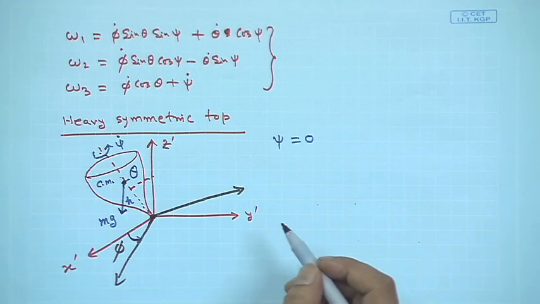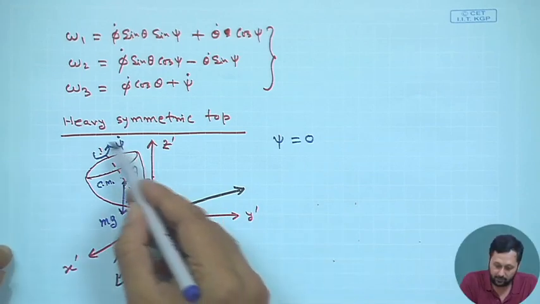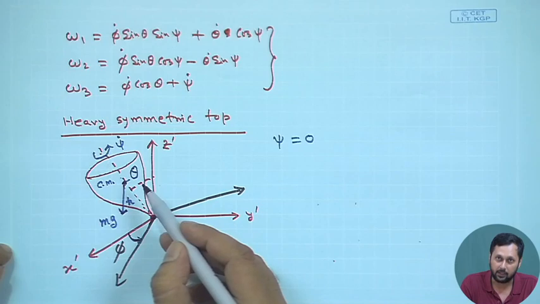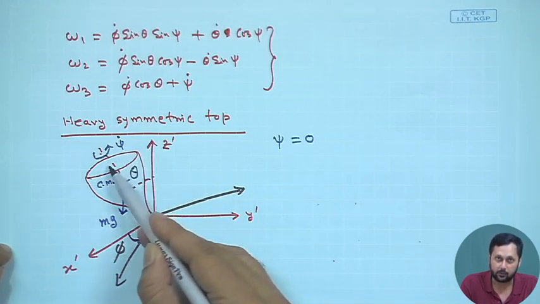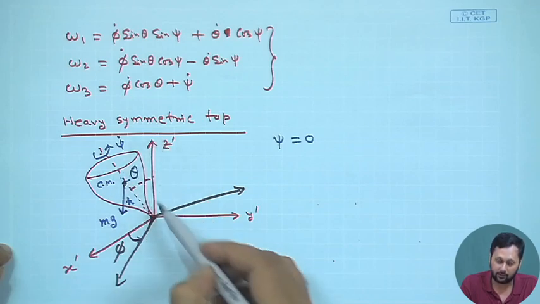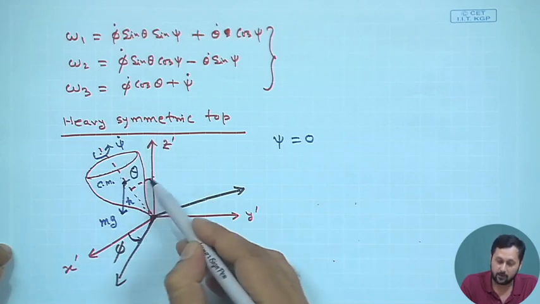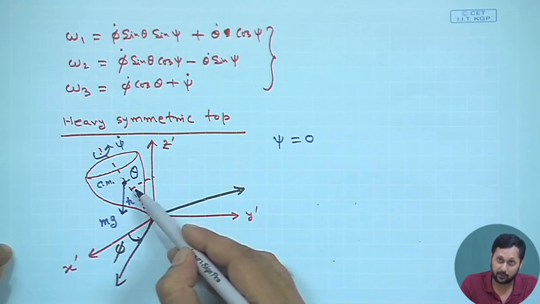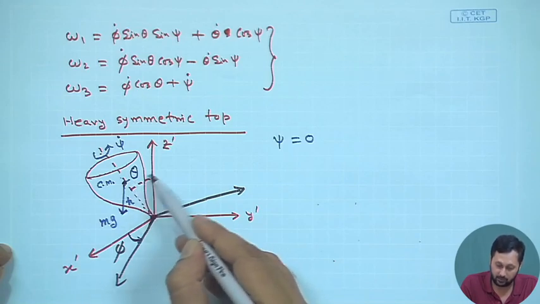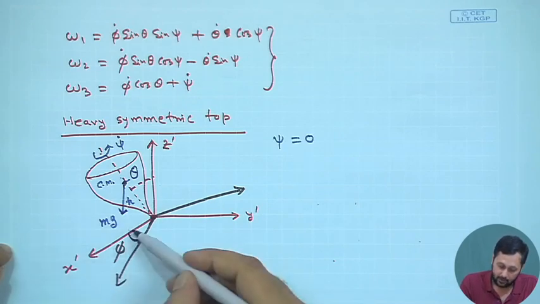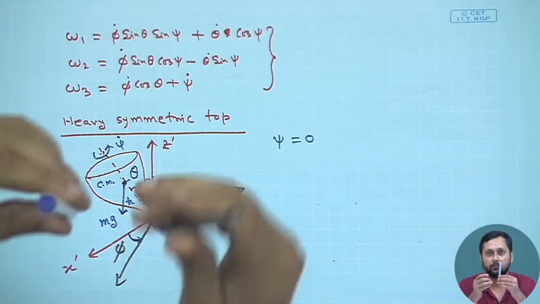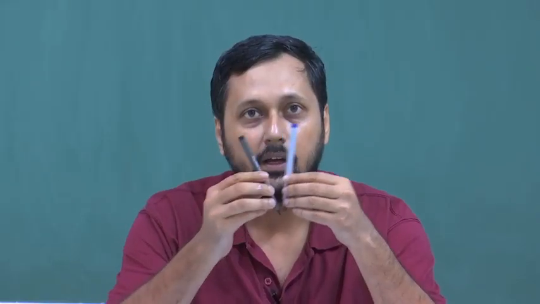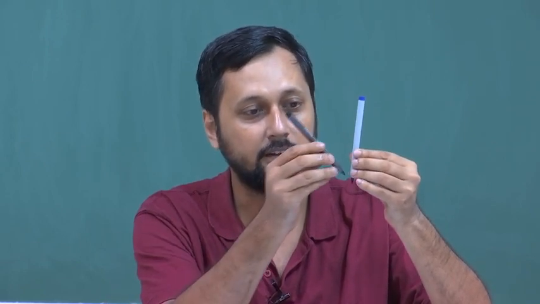Now, there could be three different types of motion here. One is the spin motion of the top, if it is spinning. The second is that the axis can go up and down with respect to the fixed z axis, the space z axis, which is taken into account by the change in theta. And this axis can also rotate. Let us say I have two pens in my hand. Let us assume that this one is the vertical direction, the fixed axis, and this is the axis of the top.